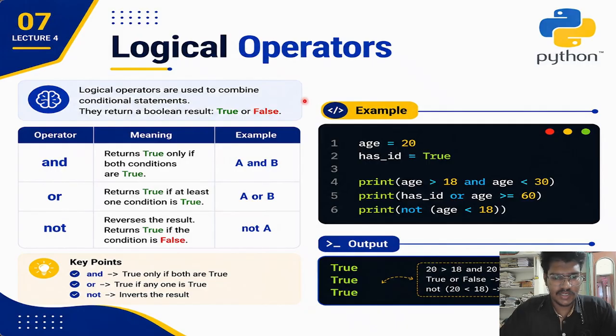The entire expression is already false. This can be used to avoid errors. For example, if x is not equal to 0 and 10 divided by x is greater than 5, Python does not execute 10 slash x, preventing a zero division error.